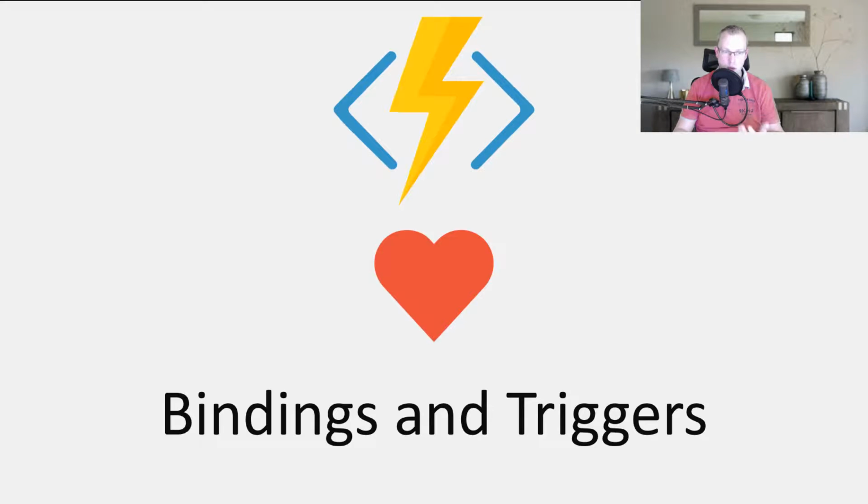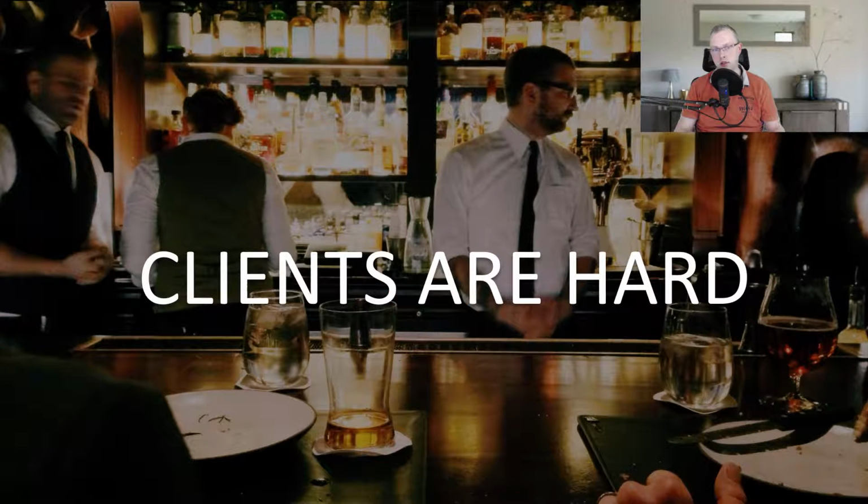What I want to use custom bindings for is all of the clients I'm using across my application, because clients are hard in my opinion. Take for example the HTTP client. You have to create a single HTTP client for your entire application and reuse this instance.